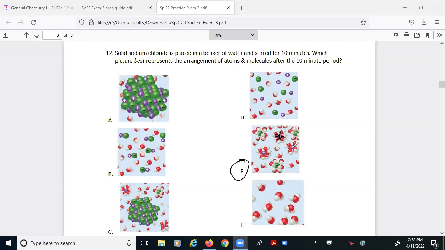And that is largely where we get our idea of solubility rules. Why is it that some substances dissolve in water and others don't? Well, it comes down to the attractions. The ones that don't dissolve in water are more attracted to themselves than what water is able to do when it breaks them apart from the crystal.